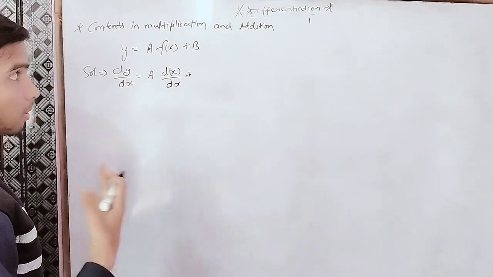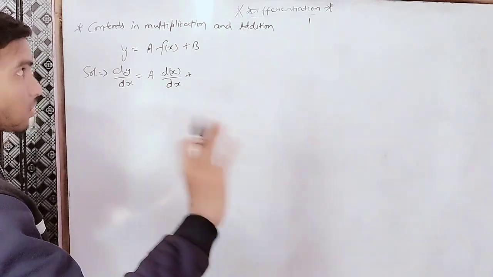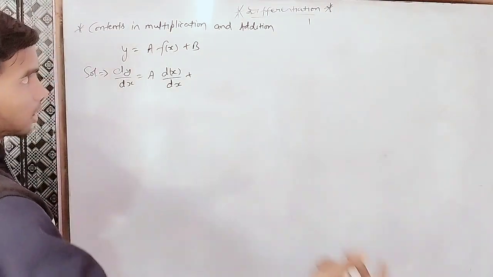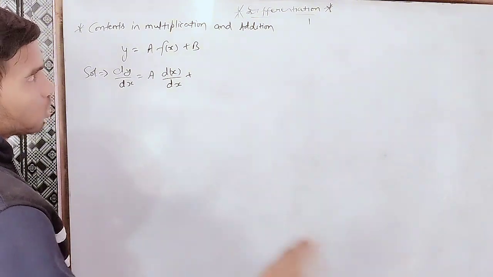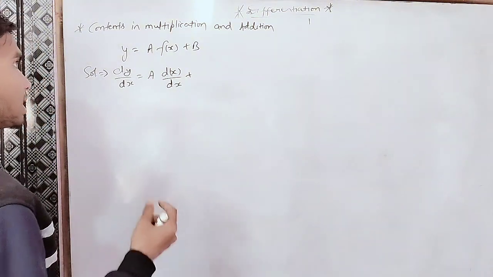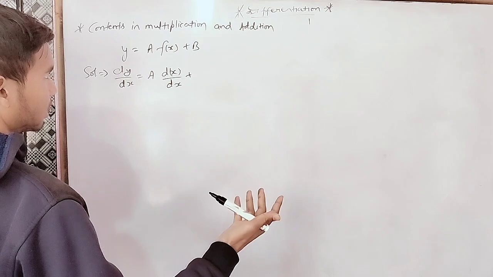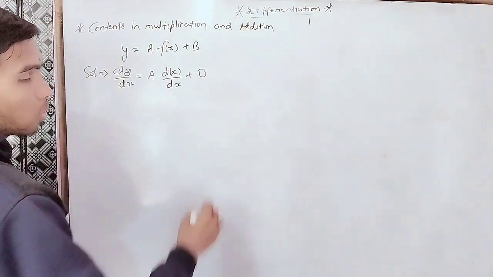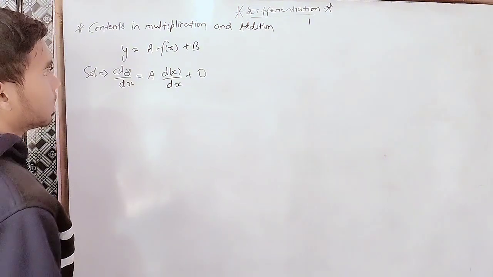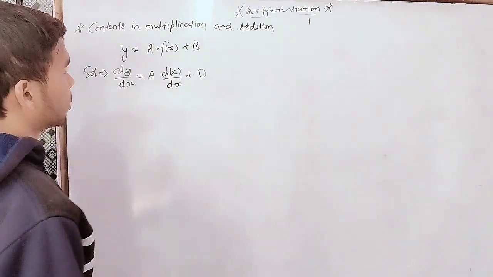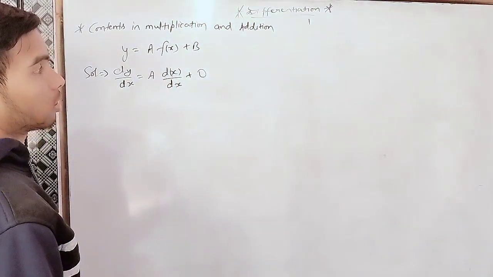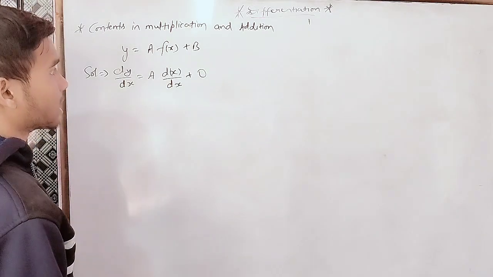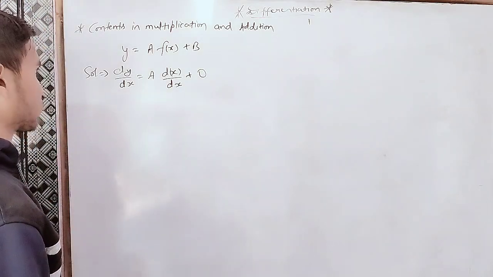Now we are looking at b. So b is a number, but it is not with multiplication. It is in single form. That's why these numbers will be constant. So the differentiation of a constant is what? 0.